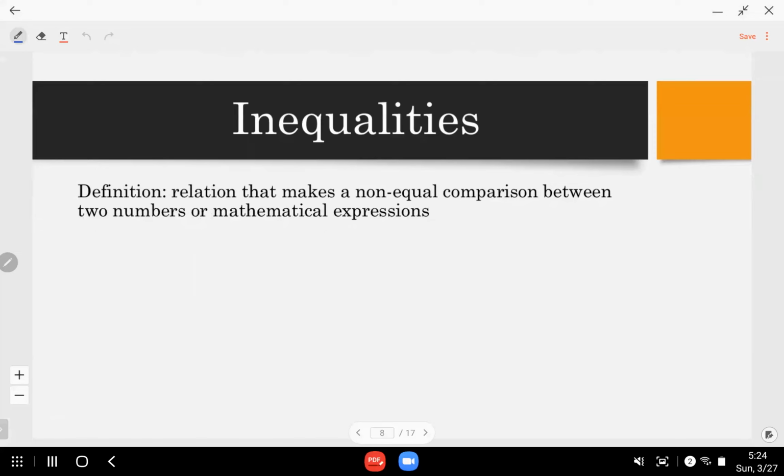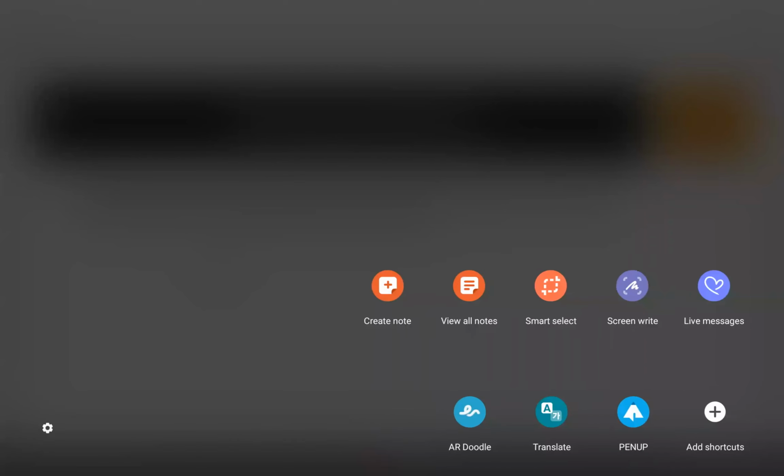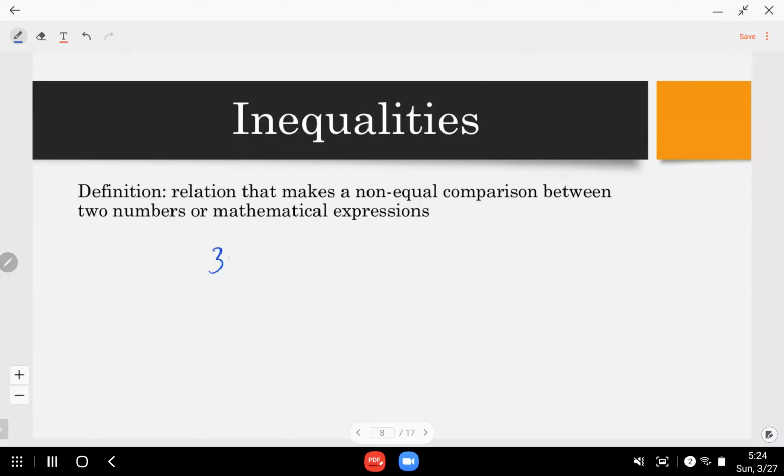Some examples of inequalities: for example, 3 is greater than 1. That can be an inequality. Or in this case, we're working with algebra, right? You can have x is greater than or equal to x plus 1.